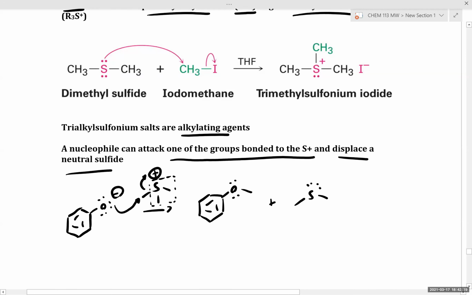Does this mechanism make sense to everyone? Does everyone see why trimethyl or trialkyl sulfonium salts are such efficient alkylating agents?